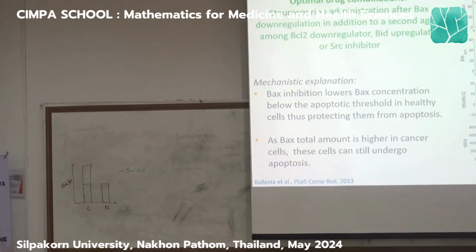So the BAX oligomer is of course non-zero in the cancer cells, and it will go above the threshold, which, sorry, the threshold is actually here. You can barely see it, the threshold is really low. And as you can see, the cancer cells are dying while the healthy cells are not dying. Well, this is what the model predicts. So what do we want to do next?